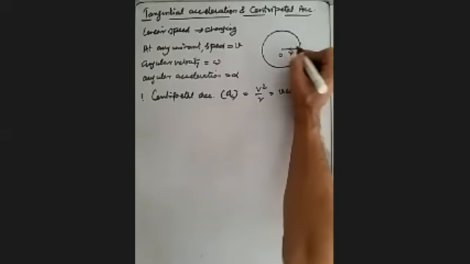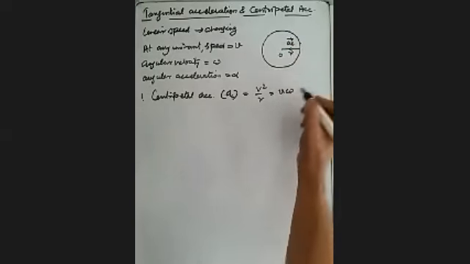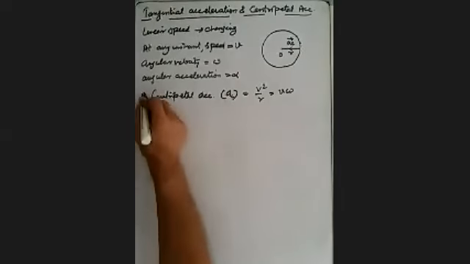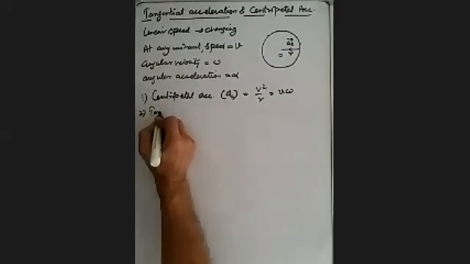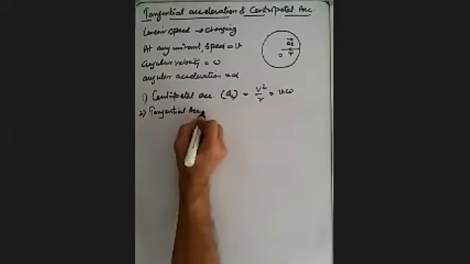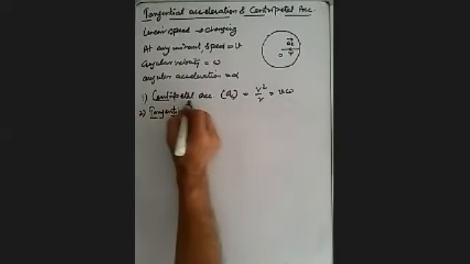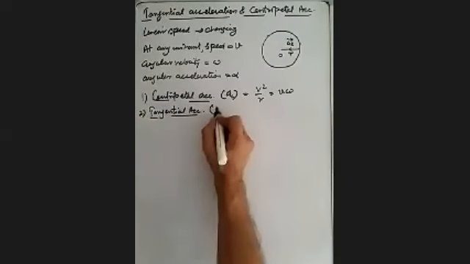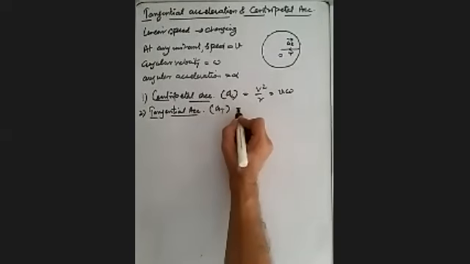So this is the direction in which the acceleration acts, along the radius towards the center. Now tangential acceleration, represented by a_t.